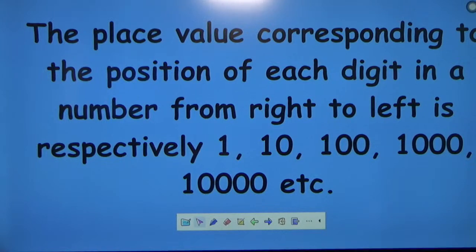No need for those things, right? Up to here you have to learn them. I think you can note down this one. That is important for you. The place value corresponding to the position of each digit in a number from right to left.